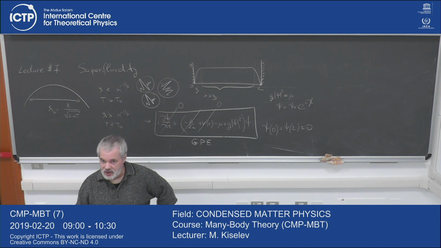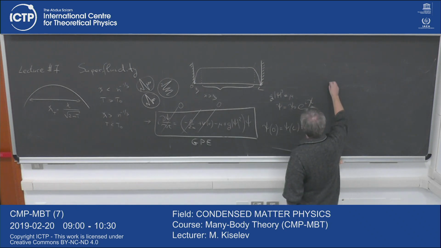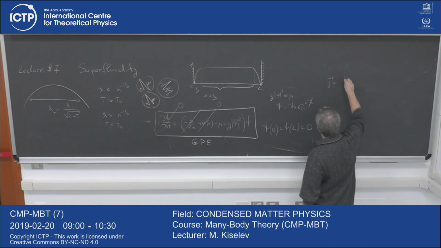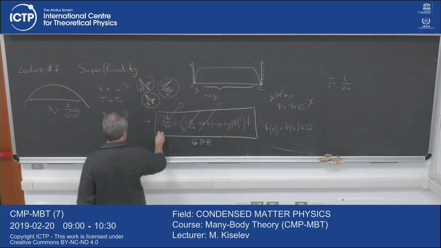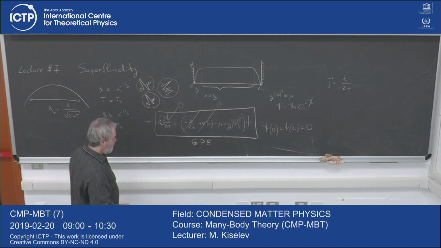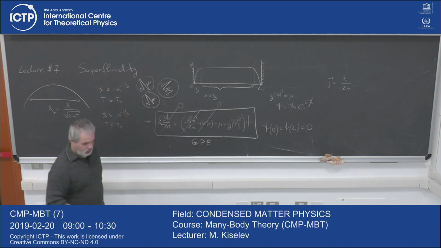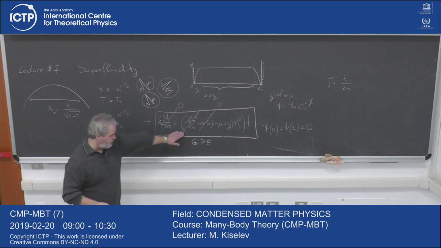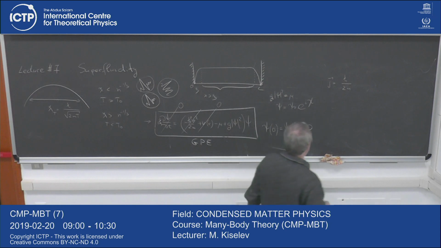Now I would like to define a mass current, J. This is h bar over 2m times i. By the way, if I want to restore h bar in this equation, I put h bar here, and this is h bar squared nabla squared, which is the Laplacian. So this is kinetic energy, and this is what we have here.